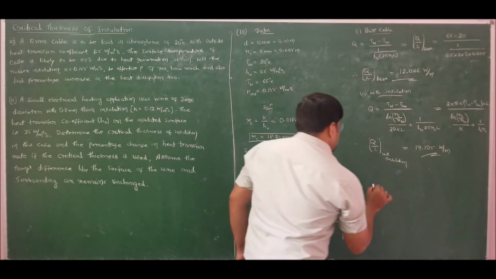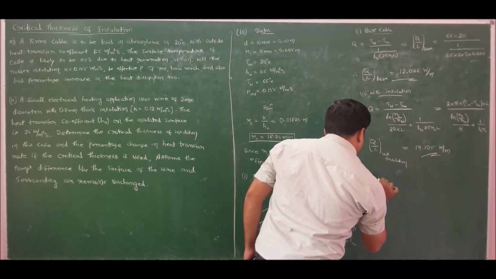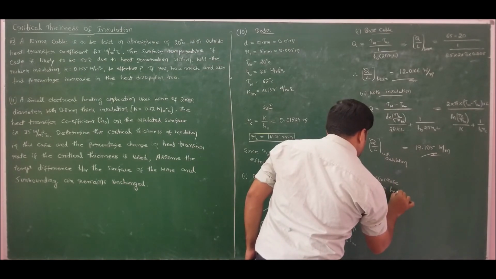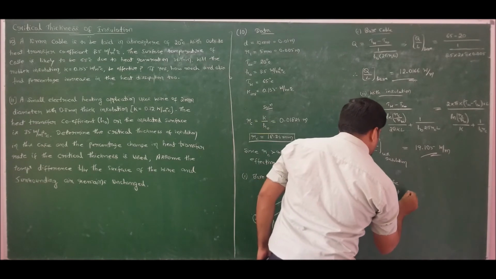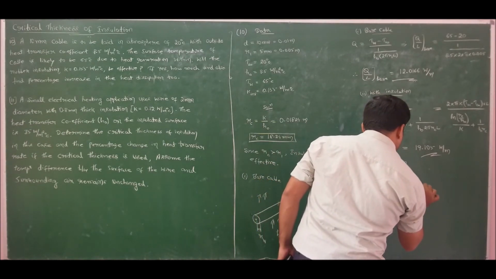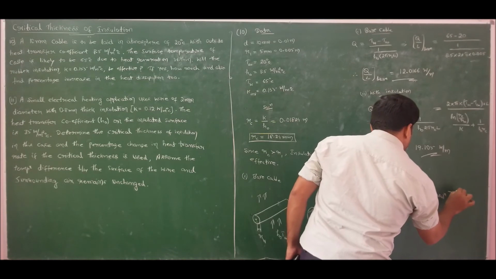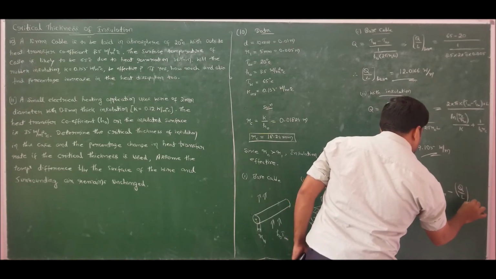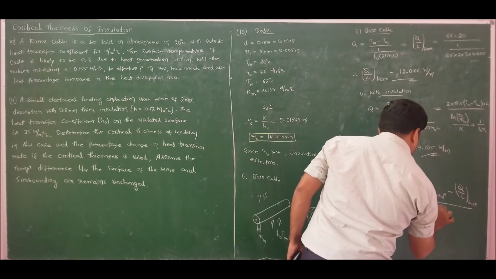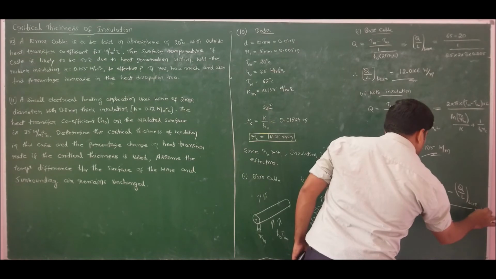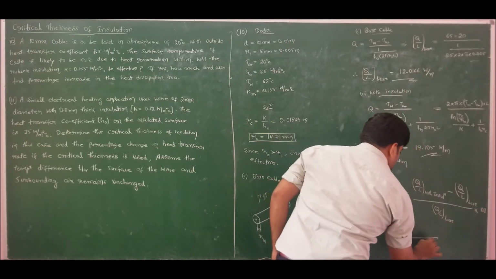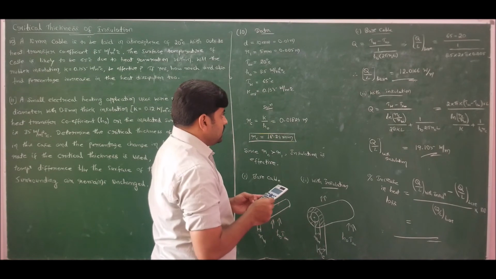So therefore, the percentage increase in heat loss from the cable will be equal to the heat loss per meter length with insulation minus the heat loss per meter length from bare wire, divided by the heat loss per meter length from bare wire, into 100.